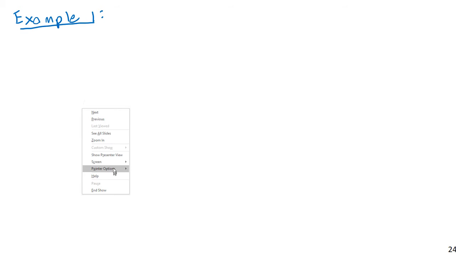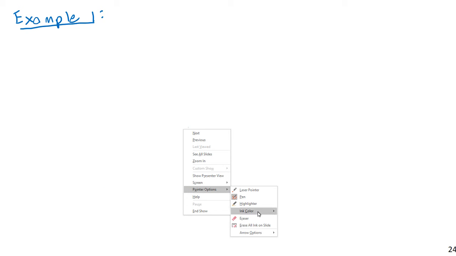So let's do example 1. This is all going to be solved in terms of V. I'm going to have a wall and a ball striking this wall.